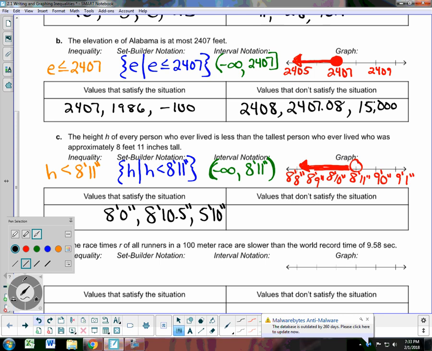Values that don't satisfy, well, 9 foot doesn't work. 9 foot 0 inches, if you're 13 feet 6 inches, that wouldn't work either. Neither would 9 foot 7 3/4 inches. All right, those are all heights that would not work. I'm just coming up with some random heights that are above 8 foot 11.